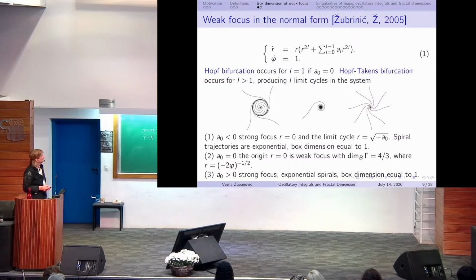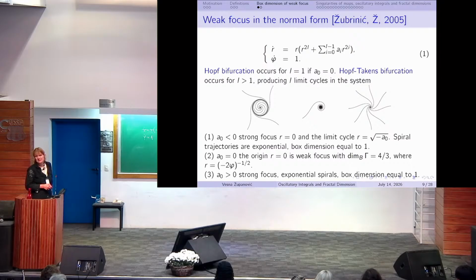And then real part of the eigenvalue of Jacobian disappears, and we have weak focus. Weak focus, it is infinite length of the curve from the point of view of curve. This is something like this.